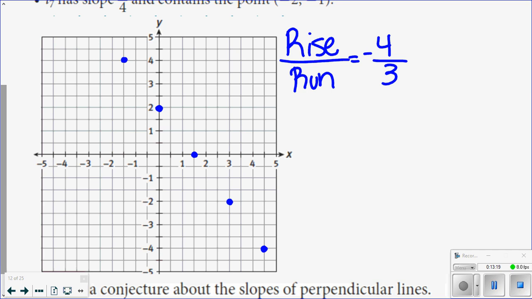So I've put as many points on my graph as I can, and now I'm going to use a ruler or a straight edge to connect these points. Go ahead and do that, and I'm going to label this L5.